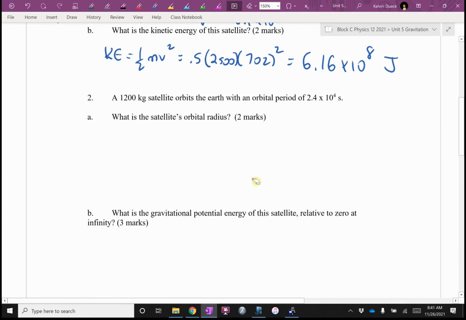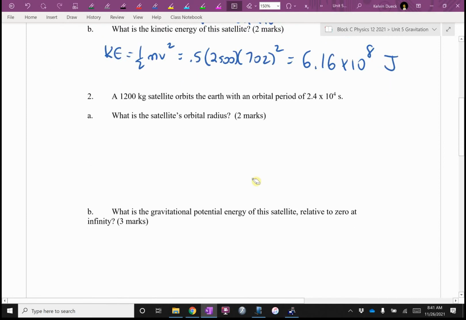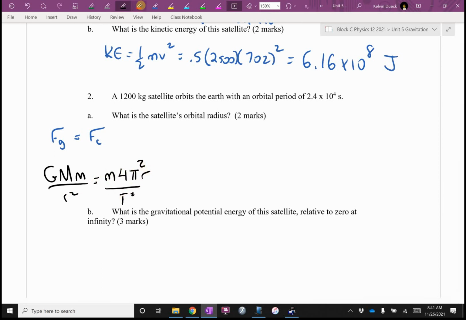Oh, now it wants me to find an orbital radius. They gave me periods. So again, we're in orbit. Gravity is what's pulling me in a circle. Big G, big M, little m over r squared equals m 4 pi squared r over t squared.